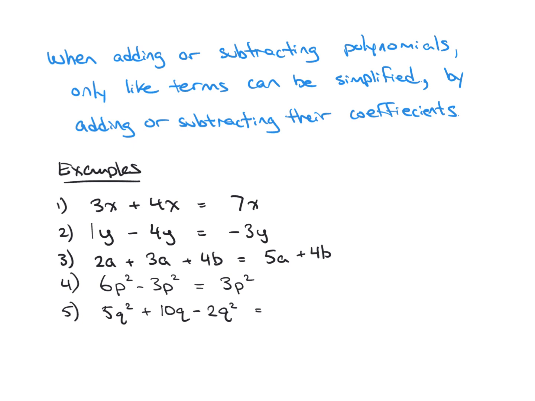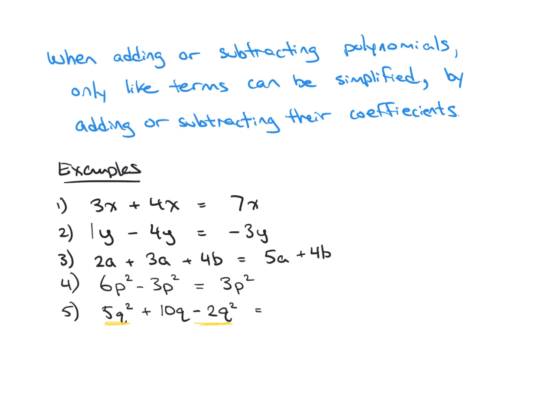So first of all, are they like terms? And for this one, I see that the 5q squared and the minus 2q squared, those are like terms. They both have the letter q, both raised to the same exponent of 2. The 10q, while it has the letter q, it's not raised to the same exponent as the other ones. So it's not actually a like term with the other ones.